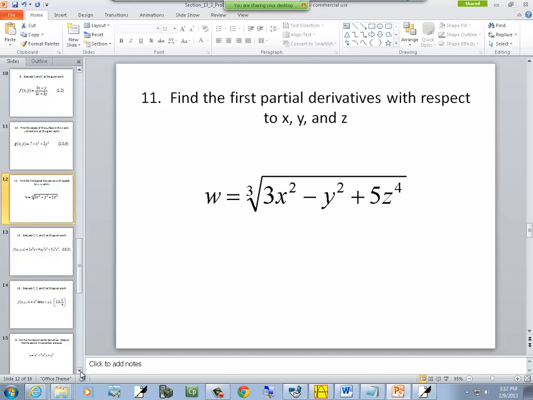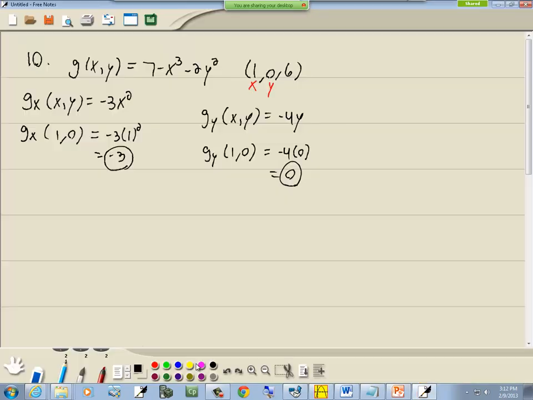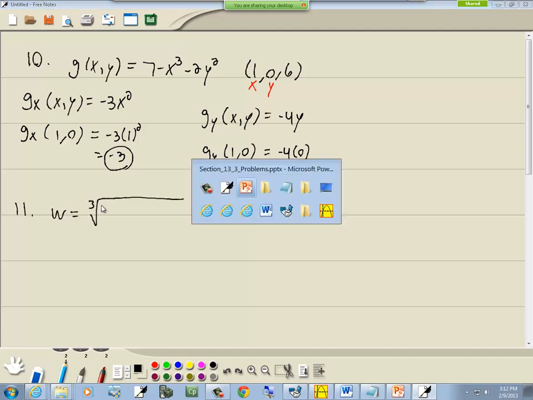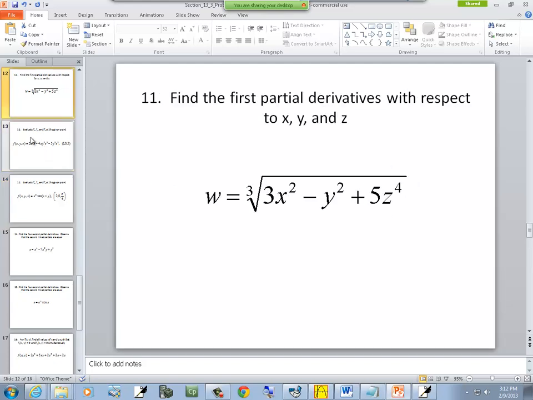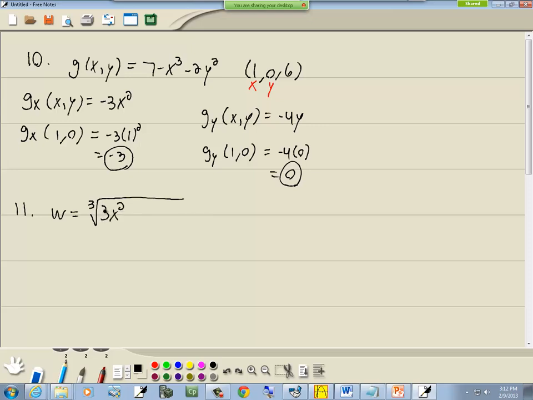Now this one, we get into four dimensions. So let's see, we got w is equal to the cube root of 3x squared minus y squared plus 5z to the fourth.